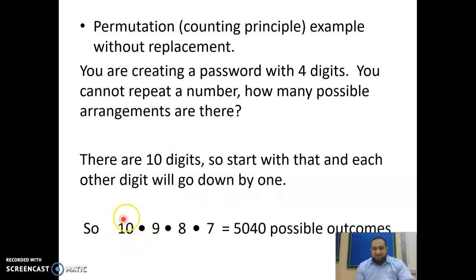Choosing the first digit out of 10 digits, there are 10 possibilities. Then 1 is gone, so you have 9 choices left. For the next digit you have 8 choices, and for the fourth digit you have 7 choices left. So this will give you a total of 5040 possible outcomes.